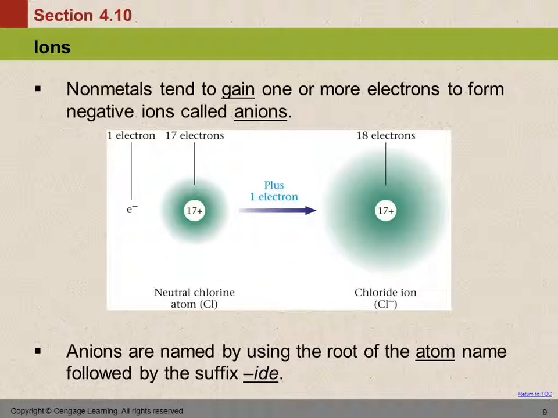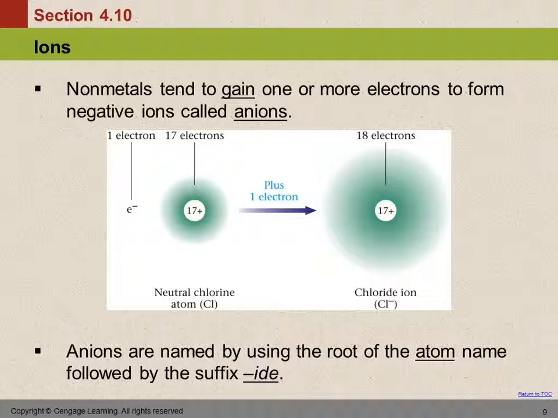The ions for the nonmetals, we do change their name a little bit. So the anions are named using the root of the atom name, and we change the suffix, the ending, to "ide." So chlorine becomes chloride. I tend to think of the metals as being masculine and the nonmetals as being non-masculine or feminine.